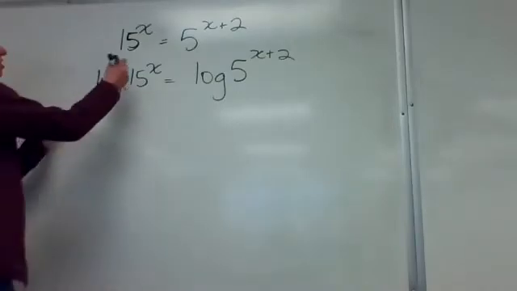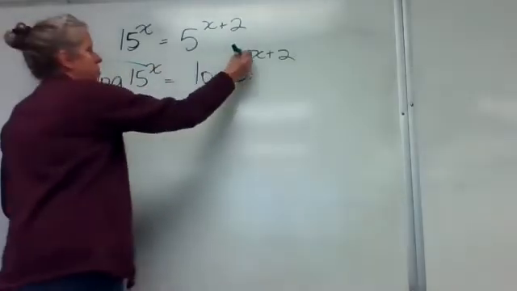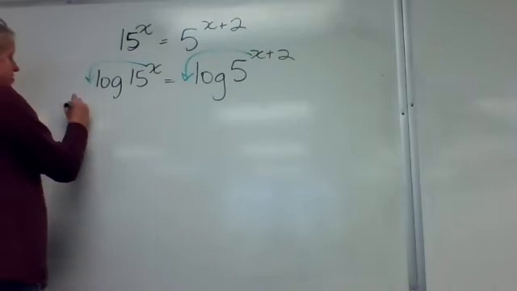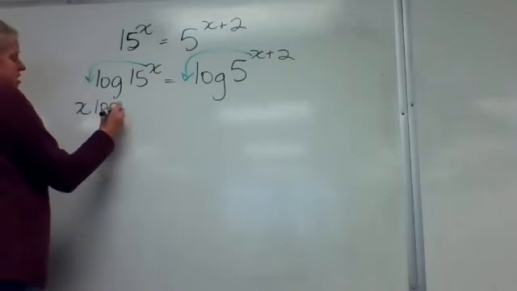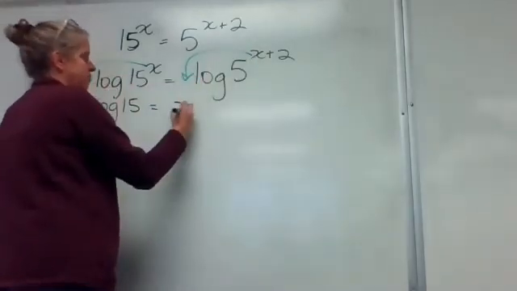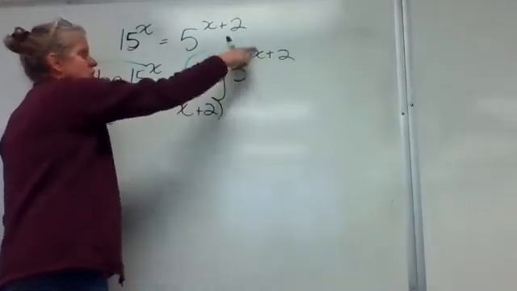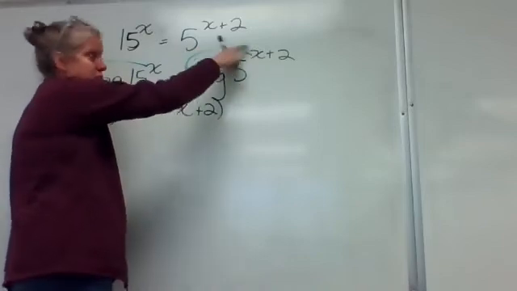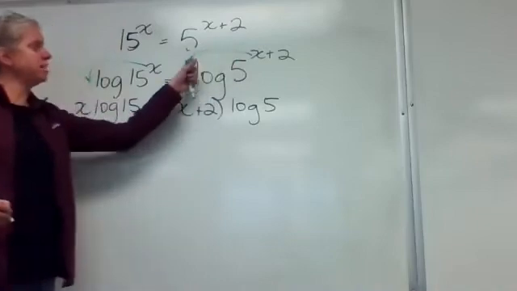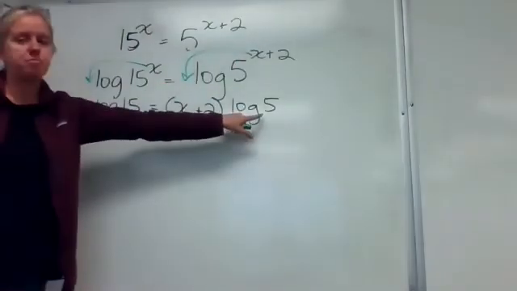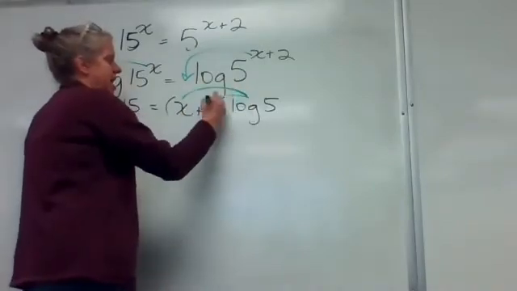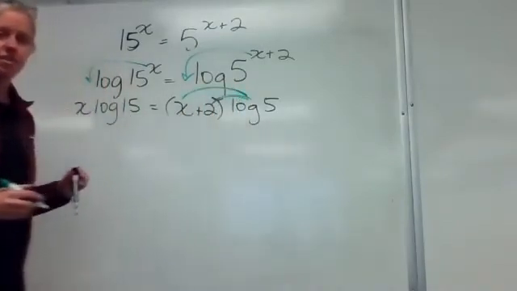Okay, why do we do the logs? So we can bring the x's out of the exponents. So on the left, I've got x times log of 15 equals, now this one's different because it's got 2 terms in its exponent. So when you bring this exponent down and it's times log of 5, you actually are doing both of these times log of 5.